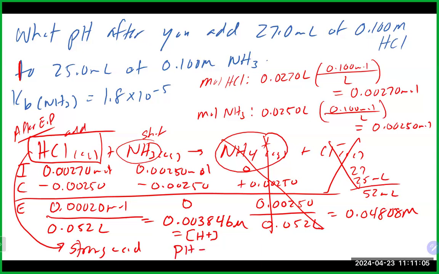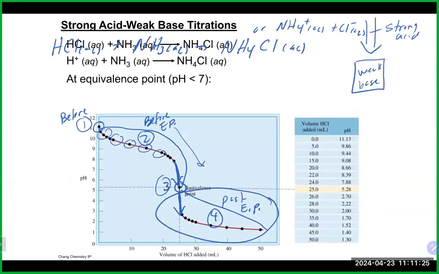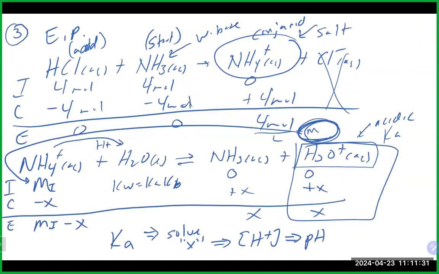And that means we could go right into our pH. So 0.003846 gets us a pH of 2.41, which is acidic, which is good because we're past the equivalence point. And we'll see how bad I did there. It should be between these two numbers, 2.4. Looks like it's between those two numbers, so that's not bad either.